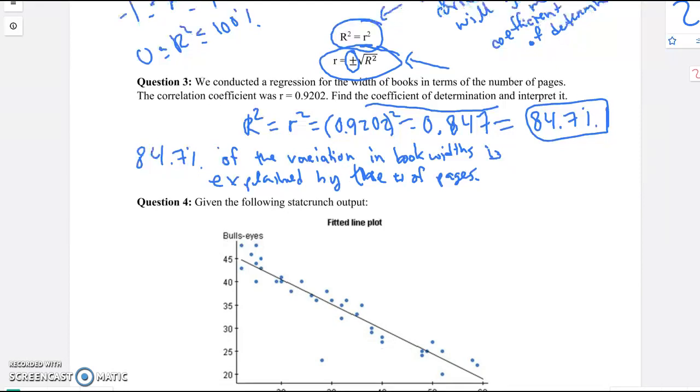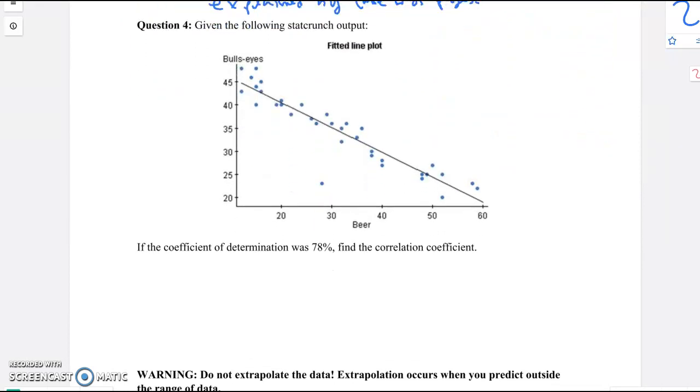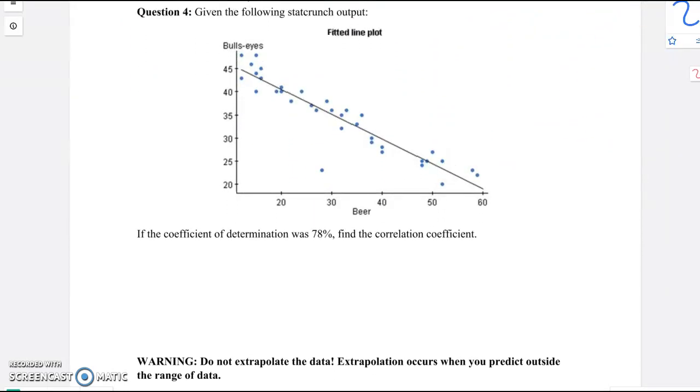Now, our last problem. Yay! Well, kind of. Okay, so given the following StatCrunch output, now I give you a graph. If the coefficient of determination was 78%, find the correlation coefficient. So now we're going the opposite way. If you remember, in order for me to find little r, the correlation coefficient, I need to take the plus or minus square root of the big R squared.